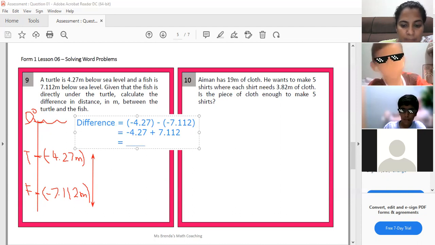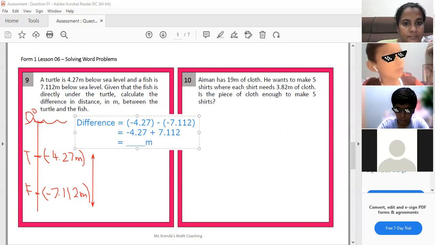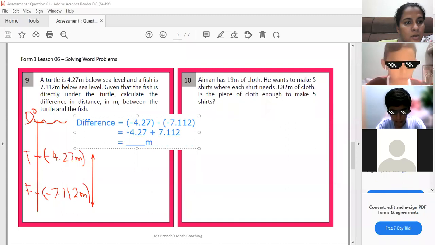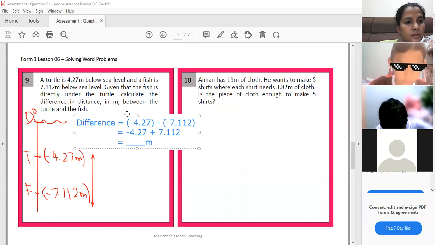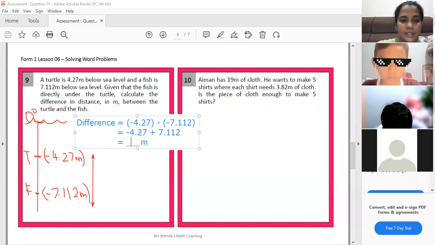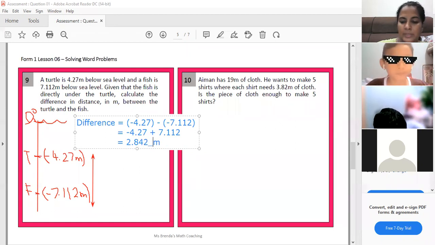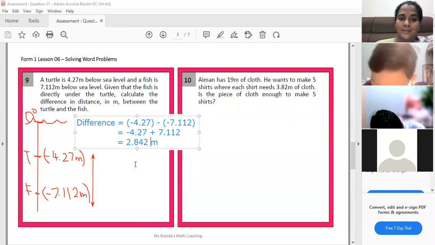Put in your chat. All of you? Very good. Very good. So the answer here is 2.842 meters. Got it?